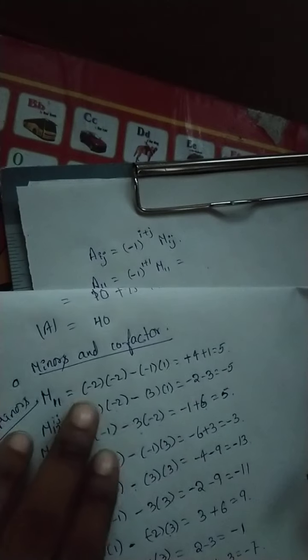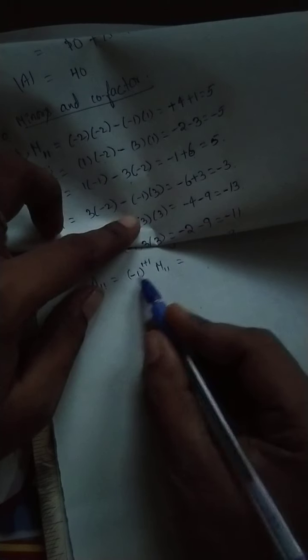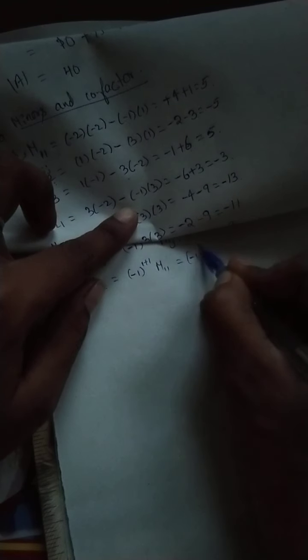So now you need the minor value to solve this. So we have already solved the minor values, right? So that value we will substitute here and we will calculate the next procedure. So minus 1 to the power 2 is positive 1 and M11 value is 5.